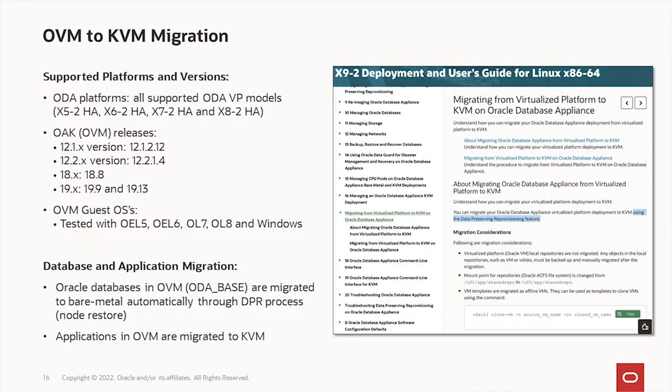I talked about the no restore feature. That feature could also be used to help our customers migrate from the OVM platform to the KVM platform. For the databases that were in the OVM, or what's commonly known as the ODA base, that big VM that has all the Oracle databases, when you do the no restore, the databases are automatically migrated to the bare metal.